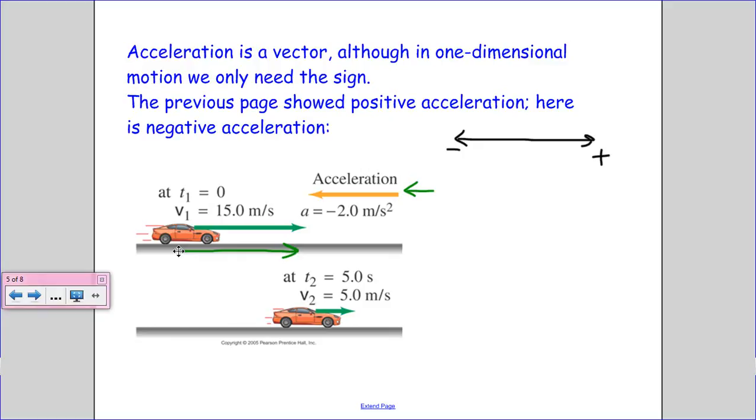The acceleration vector actually points in the negative direction, and that's how we know it's a negative acceleration. If we were to take this little arrow and subtract that one, we would end up with this little guy still pointing in the right direction, in the positive direction, but it's a lot smaller.